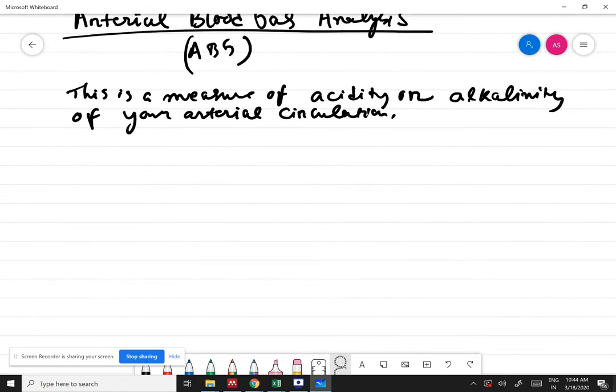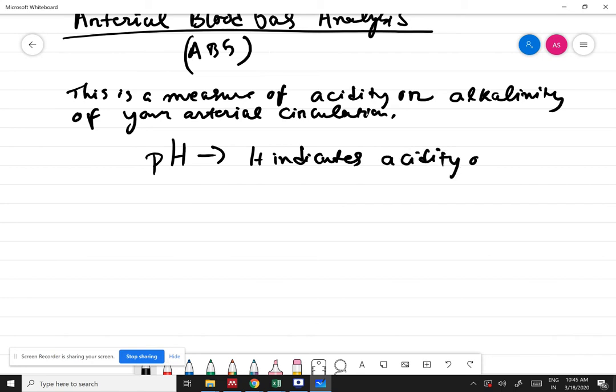First, there are a couple of important parameters which are associated with it. The first one is pH, which indicates acidity or alkalinity.